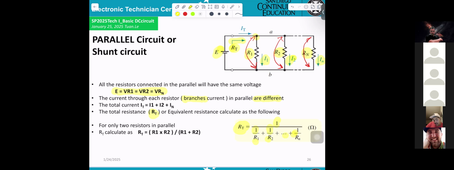If you try to combine this circuitry into only one equivalent resistor, you have to use this formula. However, if you have only two resistors, you can use this formula: R total equals R1 times R2 divided by R1 plus R2.